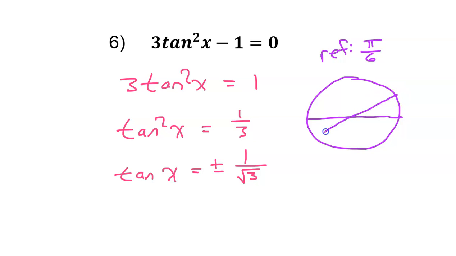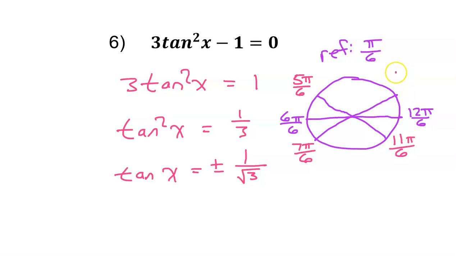There are 4 angles where the reference angle is pi over 6. There's one in every quadrant. Because the reference angle is pi over 6, I will think of pi as 6 pi over 6, and I will think of 2 pi as 12 pi over 6. That makes this 5 pi over 6, and this is 7 pi over 6, and this is 11 pi over 6, and this is just pi over 6.